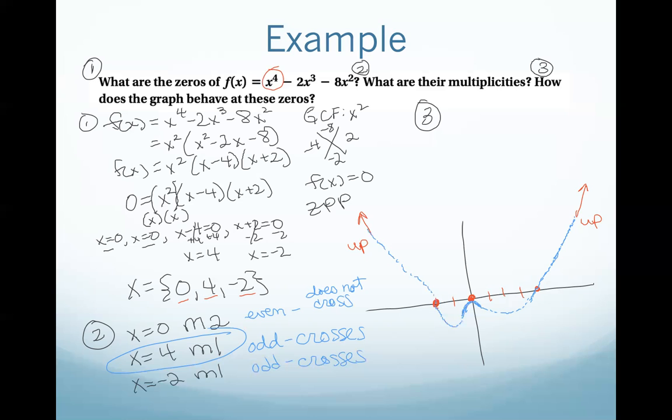So what this looks like is connecting the dots, we end up with a function that looks kind of like a W. Okay, now if you were to put this into your calculator, the points are not going to be exact. The ones in red are exact. Those zeros are exact points.